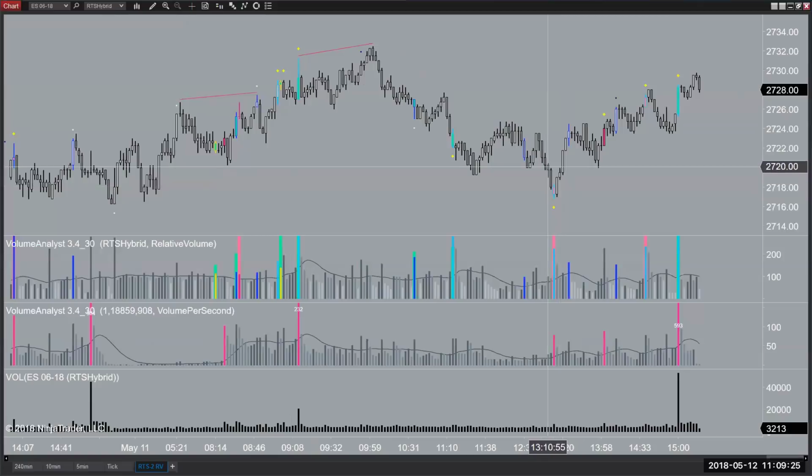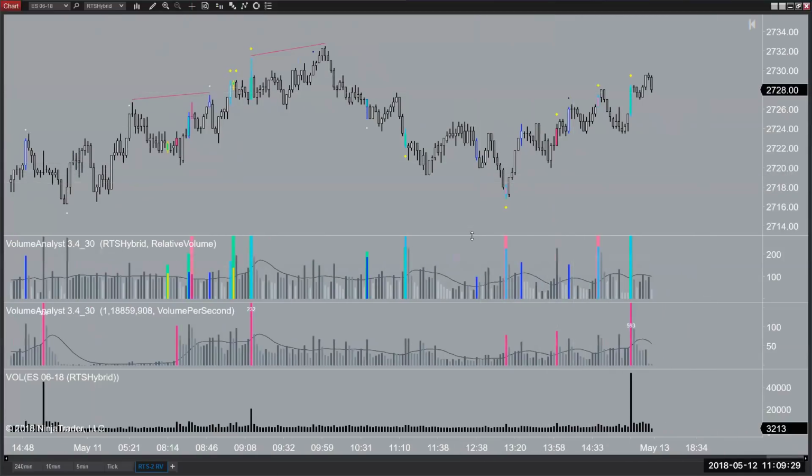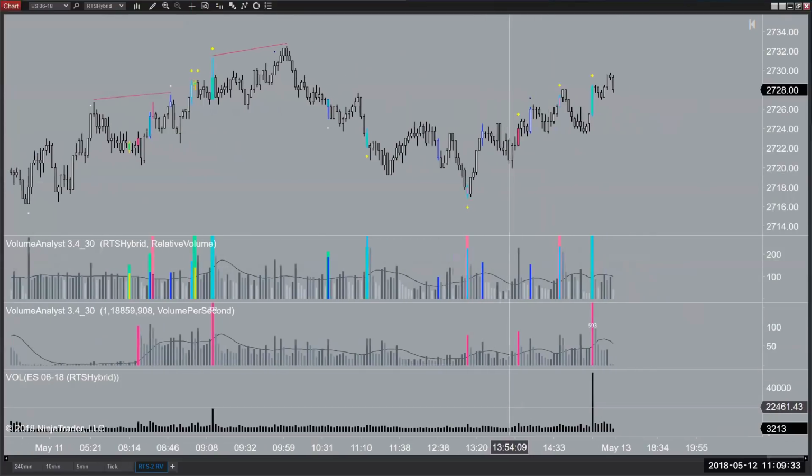Well, this accounts for all of that, and it does each bar's calculation independently. So it's working perfectly on all these different non-time-based charts or hybrid charts.